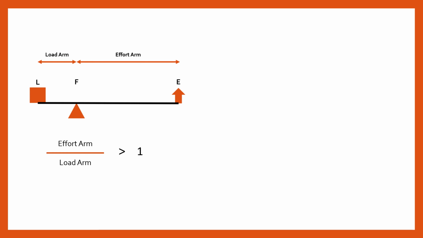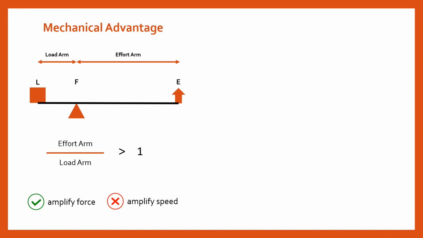And this indicates that the lever system shown here on the left has mechanical advantage because the effort arm divided by the load arm is greater than 1. As a consequence, we know that a lever set up like this will produce an amplification of force acting on the load, but will not produce an amplification in the speed of the movement of the load. It has mechanical advantage.